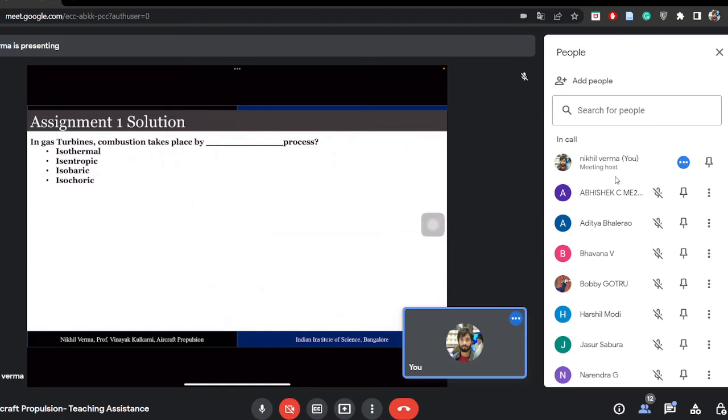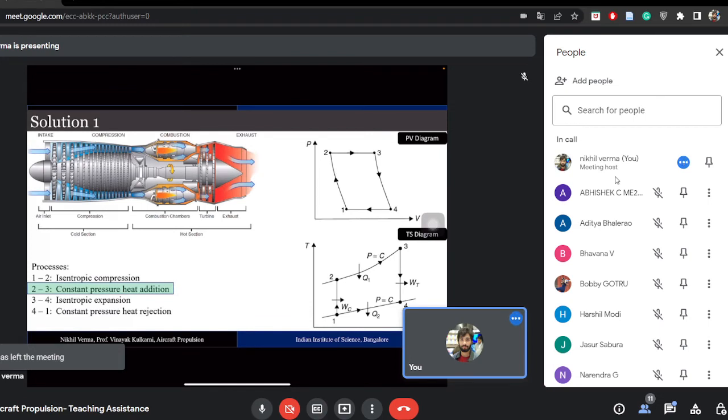Okay, the correct answer is the isobaric process, because the combustion here takes place in the combustion chamber, which is a constant pressure heat addition process.